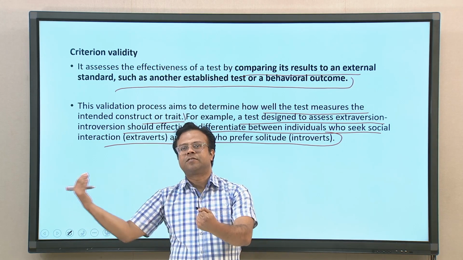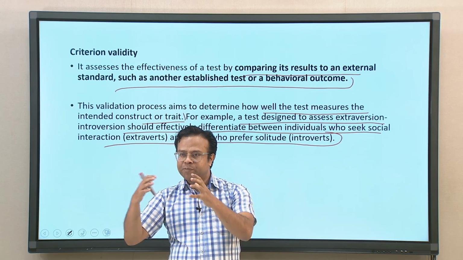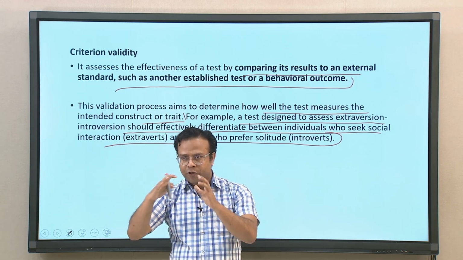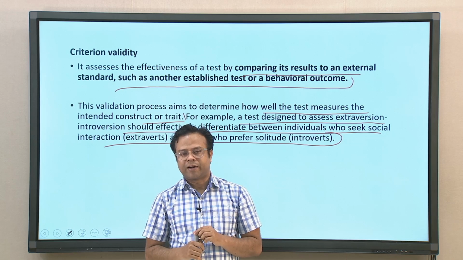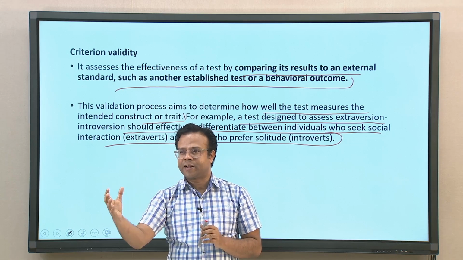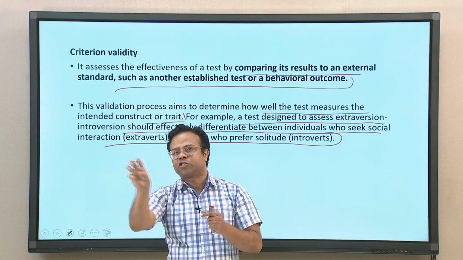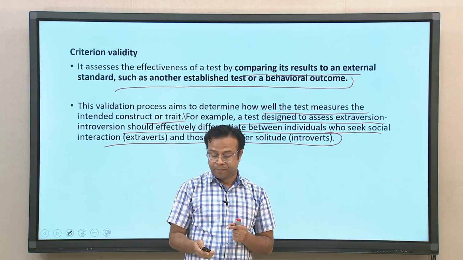It is showing criterion validity. That means whatever these particular people are expected to do, they are doing. So, your scale is a valid scale. This is the meaning of criterion validity: certain criteria are established based on what is expected, and then you see whether your test scores predict that or not.